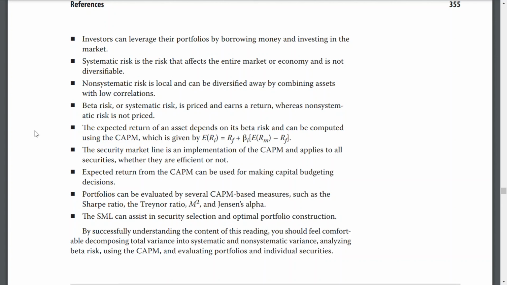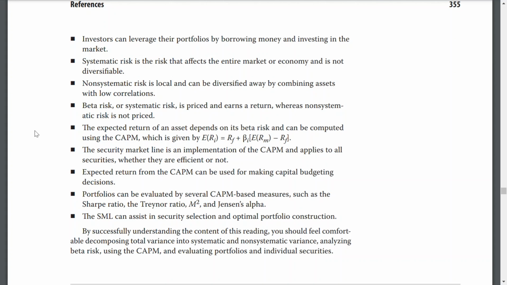The expected return of an asset depends on its beta, or risk, and can be computed as such using the CAPM. The security market line is the implementation of the CAPM and applies to all securities, whether they are efficient or not. Expected returns from CAPM can be used for making capital budgeting decisions.